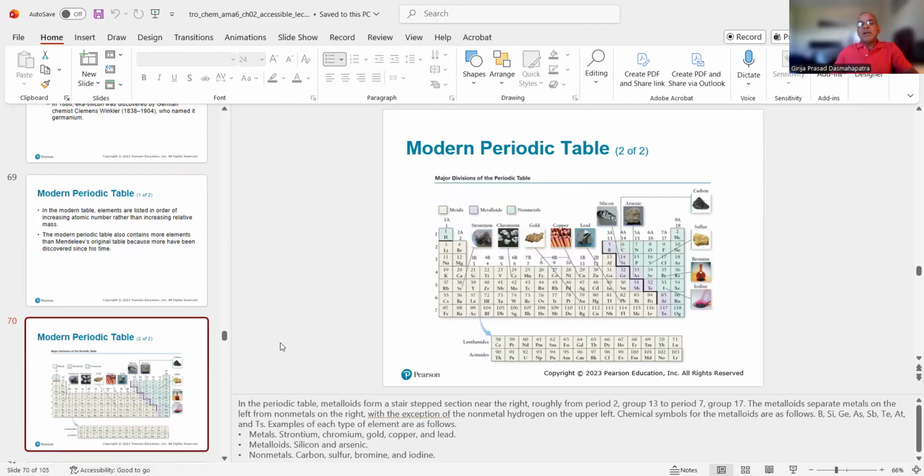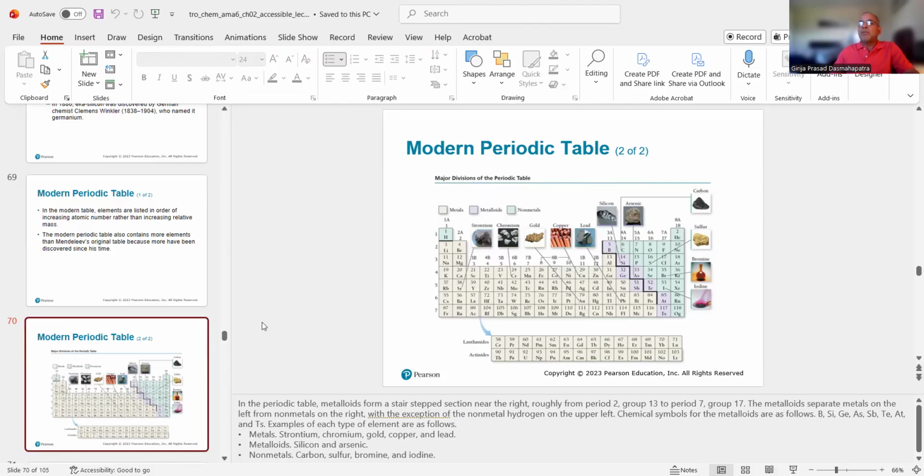As I have already indicated while discussing elements, the periodic table is a table in which all the elements are arranged by their symbols as per increasing atomic numbers. Let me repeat one more time.